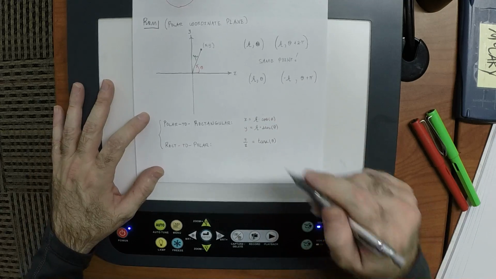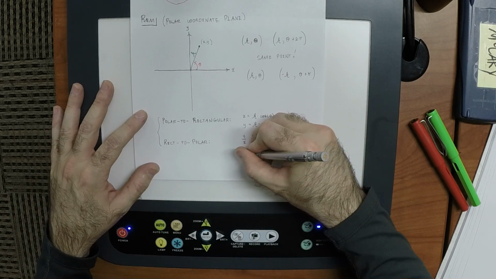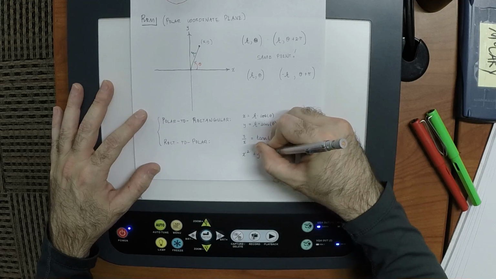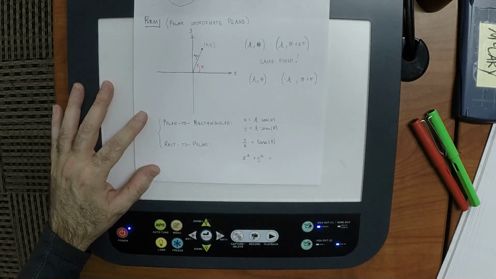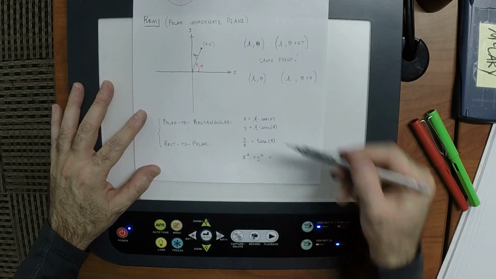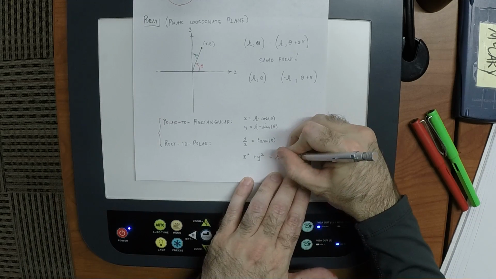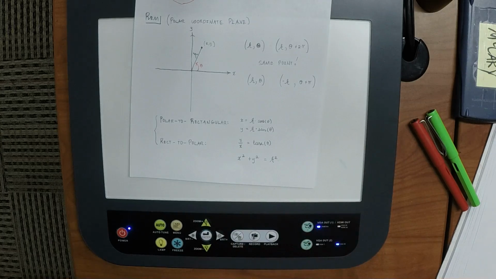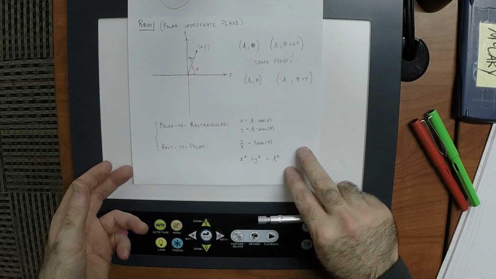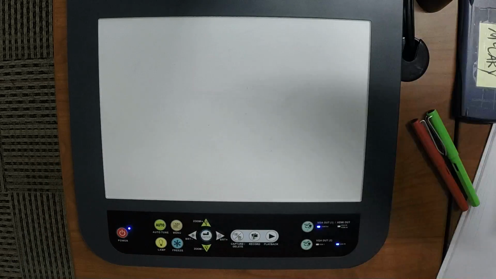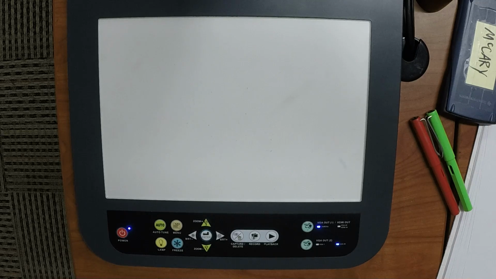Yeah. So as a result, we can use the same kind of ideas and say, well, x squared plus y squared would be what? Not quite, because of this. r squared. Okay. So we can go back and forth between polar and rectangular forms. Okay, good.